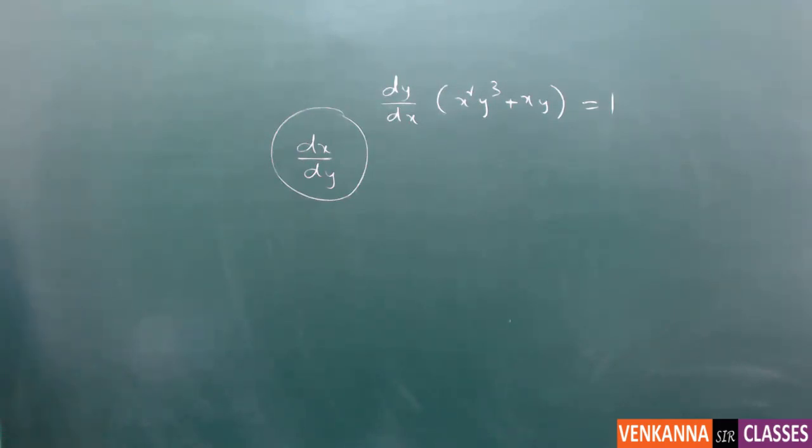Is it comfortable for you to convert? Yeah. dy by dx into x square y cube plus xy equals 1. So you multiply both sides with dx by dy, then it will come under Bernoulli form.